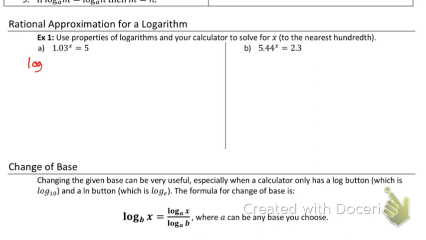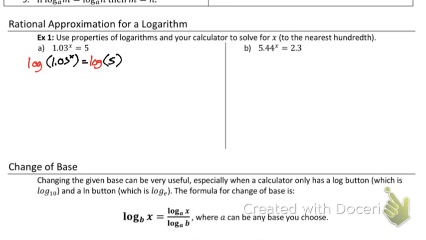So I'm going to take the log base 10 of both sides. And if you're wondering why, we'll find out in just a second. Now, the thing about taking log base 10 is that these don't cancel out. They have to be the same base to cancel out. This is log base 10 of 1.03 to the x. If they were the same base, they'd cancel out, but they are not, so nothing's the inverse.